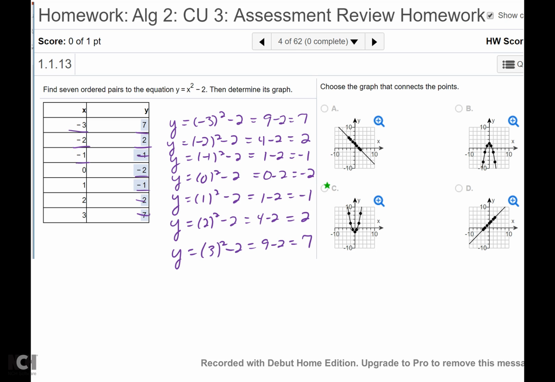And then if you plot them, if you graph them, this is a really bad graph because they're counting by 2s, and so it's really hard to tell.